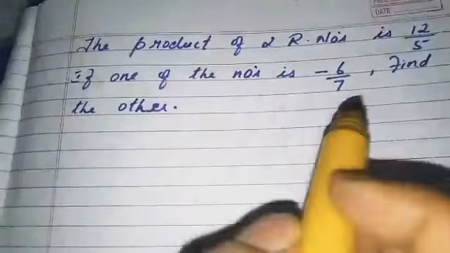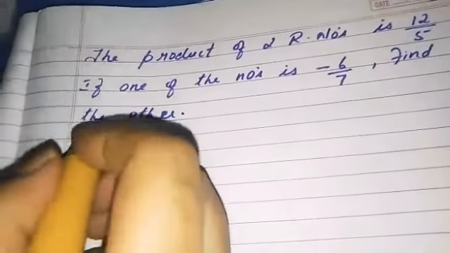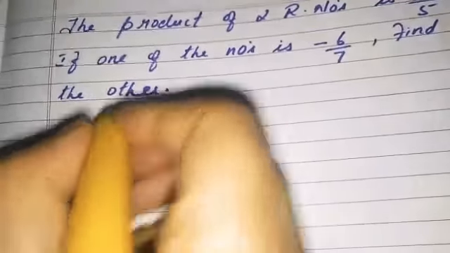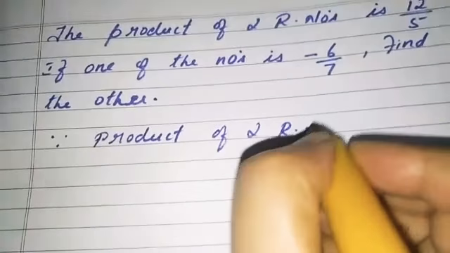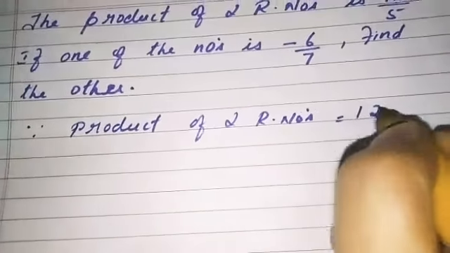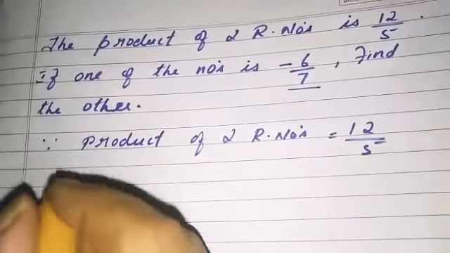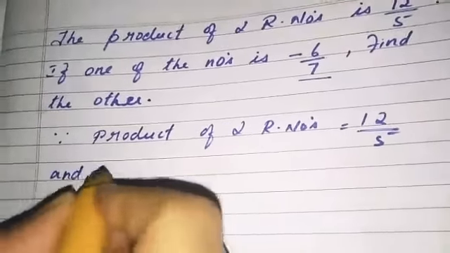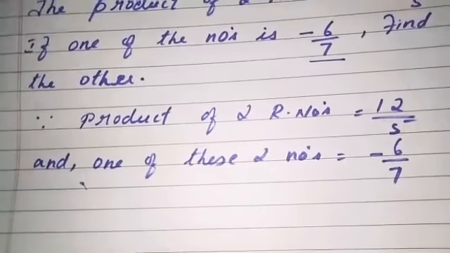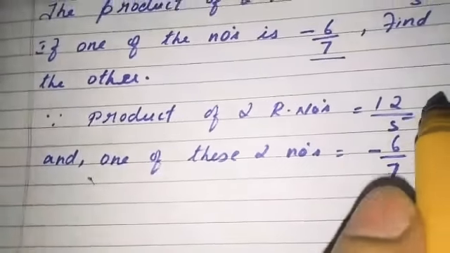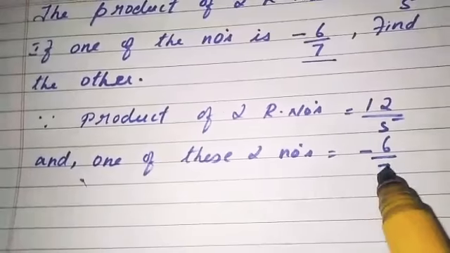Since the product of two rational numbers is given as 12 by 5, and one of these two numbers is given as -6 by 7, what we simply have to do is take this 12 by 5 and divide it by -6 by 7.